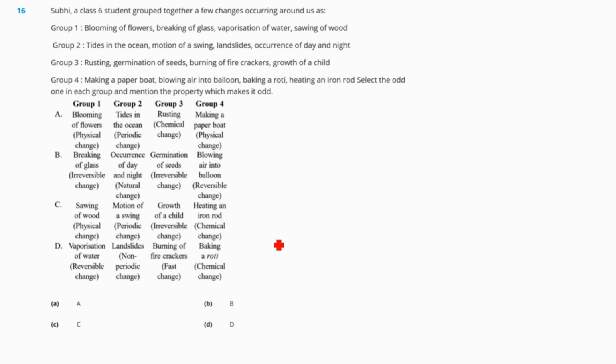We have to select the odd one in each group and mention the property which makes it odd. Except vaporization of water, all are irreversible changes. That means you will not get it back.